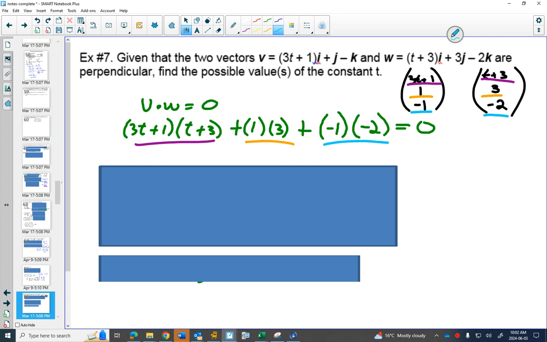And if things are perpendicular or orthogonal, then your dot product is equal to 0. If you forget that, you could go back to your main formula for the angle between and plug in 90 degrees for theta and solve from there.